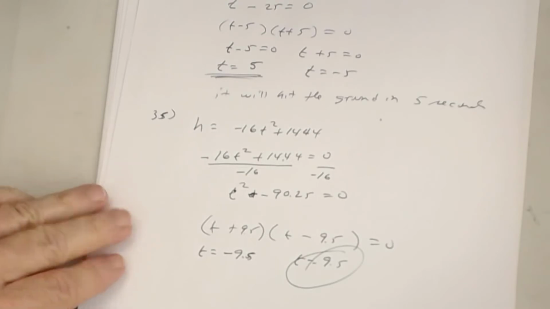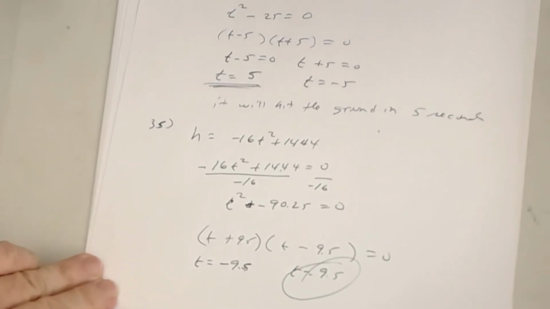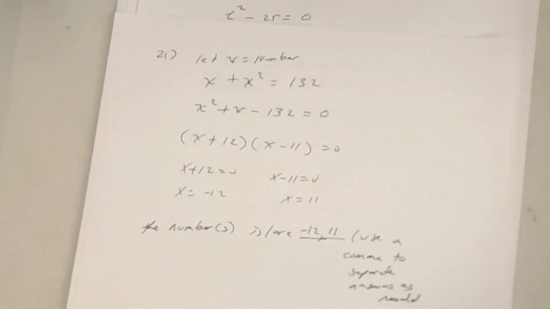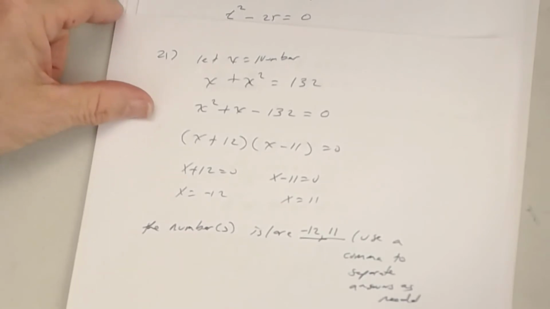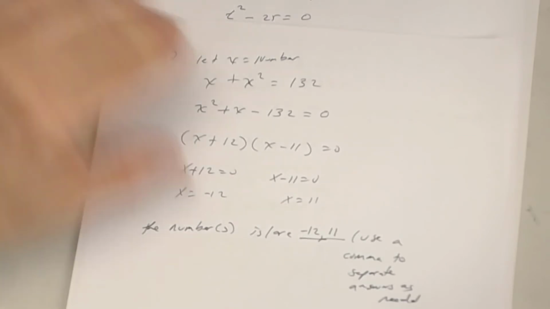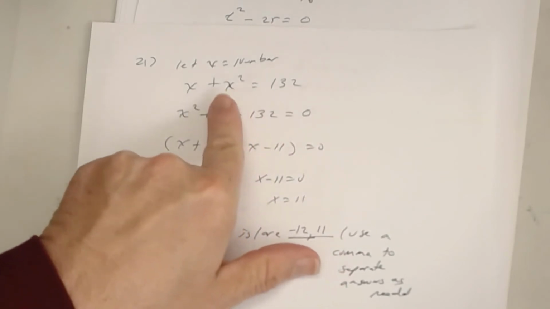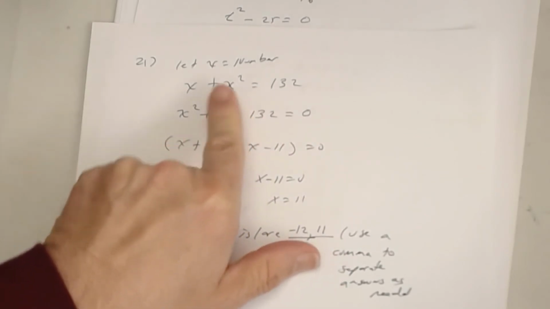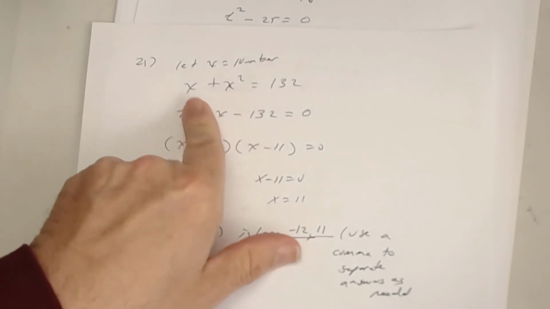I have a question about number 21. Because when I plug it back in, negative 12, if you plug it back into the original problem, does not equal 0 or the 132. Okay, what's negative 12 squared? 144. Okay, what's 144 plus a negative 12?